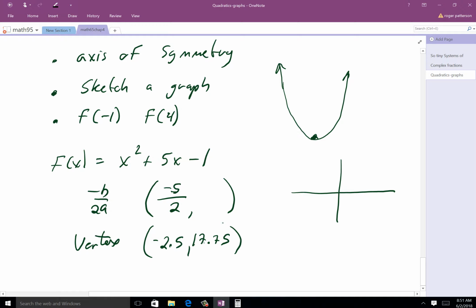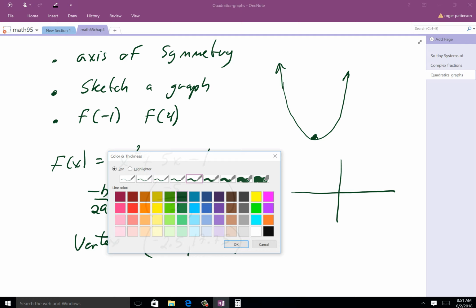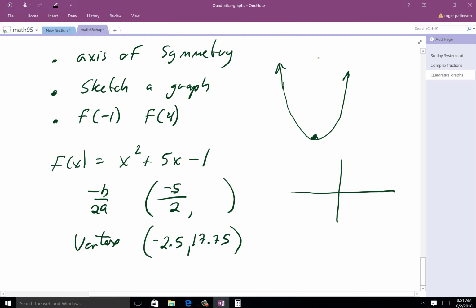Okay, sketched it. Now, the axis of symmetry, that's what I'm trying to really get to here. Axis of symmetry, right down the middle, because parabolas are symmetric. So this is called the axis of symmetry. Rarely used, but people like to ask about it.